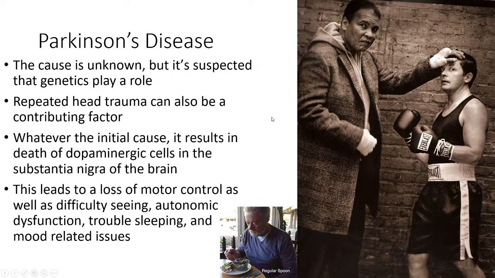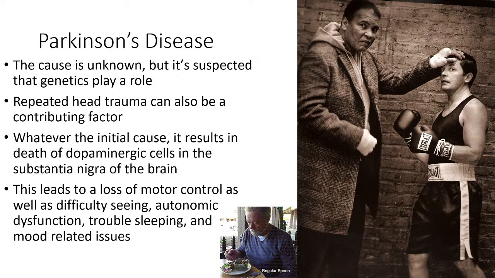One just medically interesting thing, by the way, because this affects dopaminergic cells, there's another condition you've heard of called schizophrenia. Just every once in a while, a word will refuse to come to the forefront of your mind. It's on the tip of your tongue.